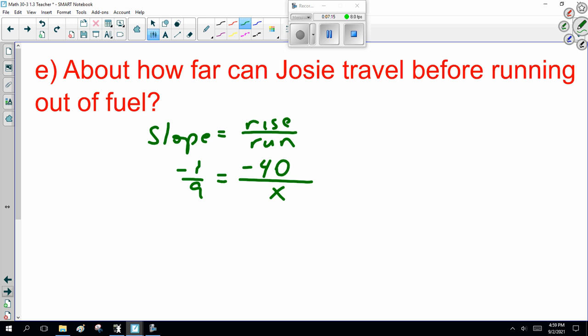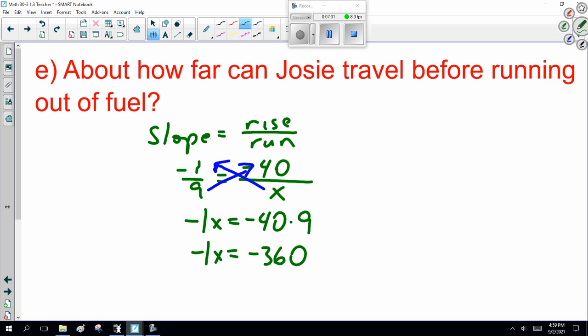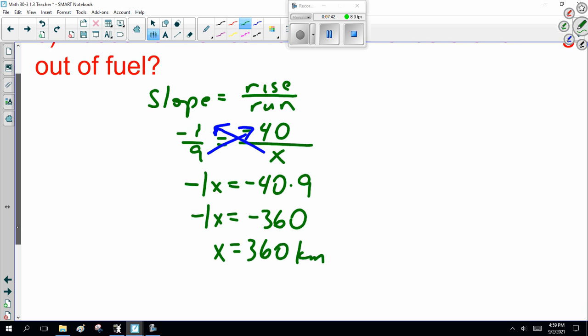So we have to solve for x. To do that, we do a little cross multiplying. Minus 1x equals minus 40 times 9. It's minus 360, I believe. Now we multiply both sides by minus 1, so x is 360 kilometers. So she can go about 360 kilometers before she runs out of fuel. Okay?